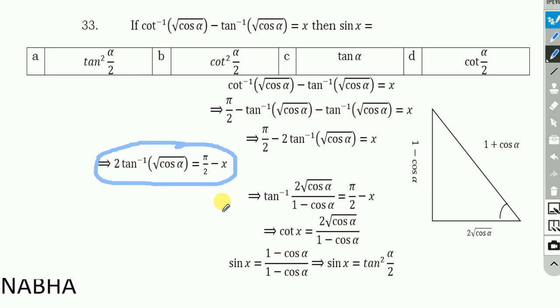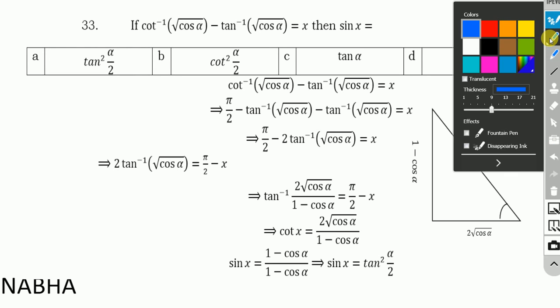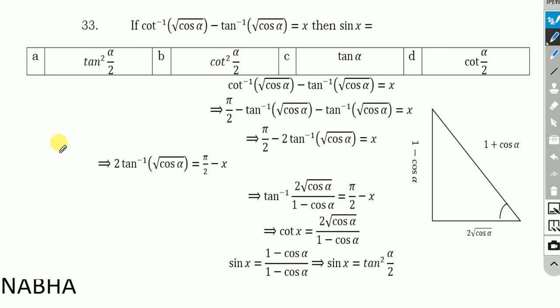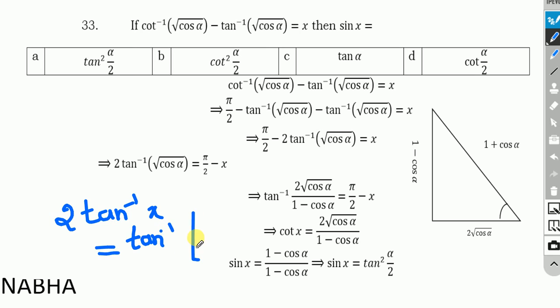Now we have the formula 2 tan inverse of x is equal to tan inverse of 2x by 1 minus x square.